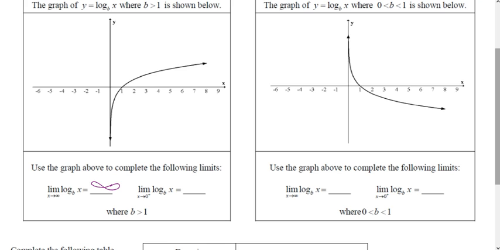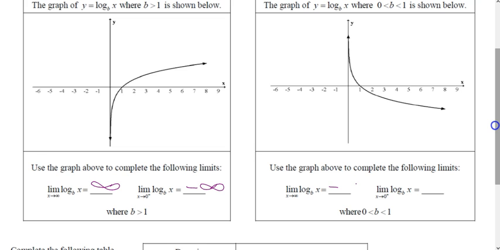And as x approaches 0 from the right, where are we going? Negative infinity. What happens if we approach 0 from the left? You can't, right? The function doesn't exist there. Use the graph above, complete the following. So, if we're doing log base b of 1 over x, where b is between 0 and 1, as we approach infinity, we're going to go to negative infinity.